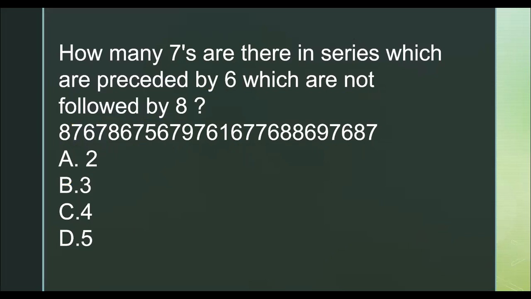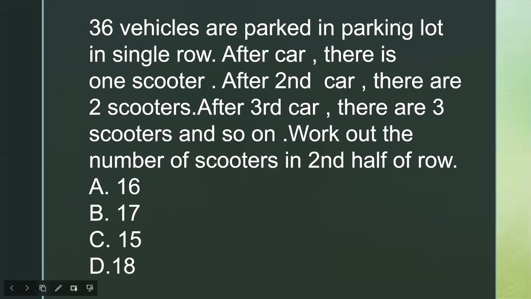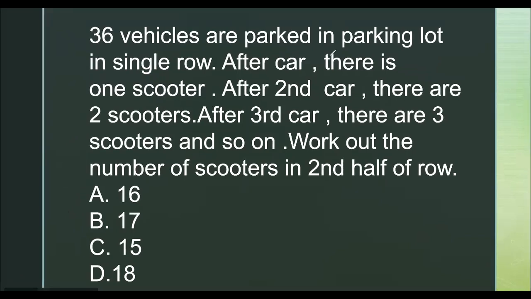Okay. Now let's see the next question. In this kind of question, we will be having vehicles, number of vehicles, number of cars, anything can be there. And we have to draw a figure of that statement.